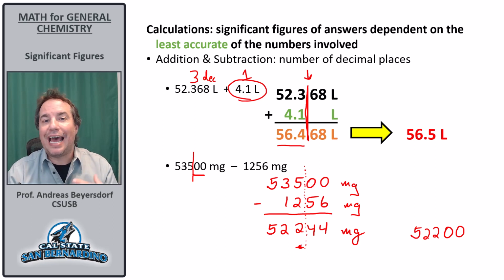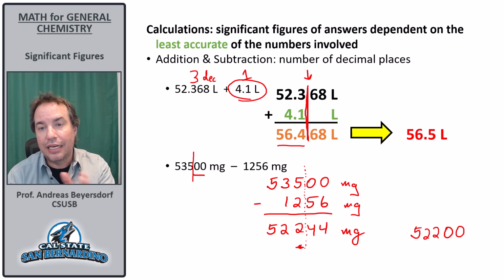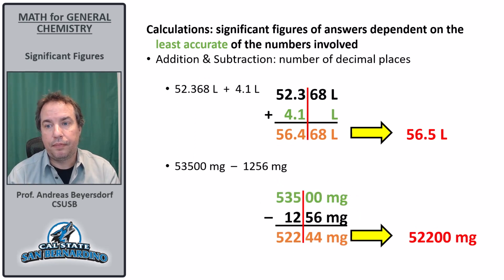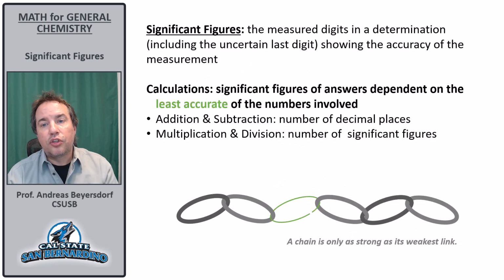That basically means that, hey, even though we don't have significance in these digits, we know how big this value is. So this would be 52,200. And because this is a 4, we round down, and so that's why this is a 2. If this was 52,264, then we'd round it up. Right, so that's how we do calculations when we're dealing with addition and subtraction.